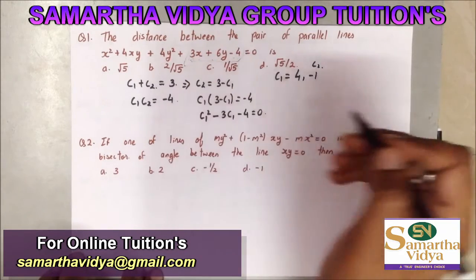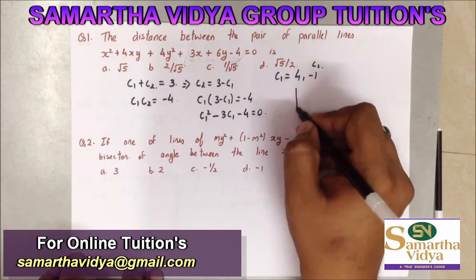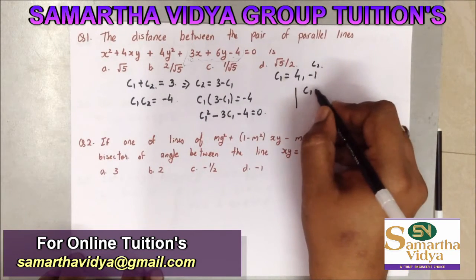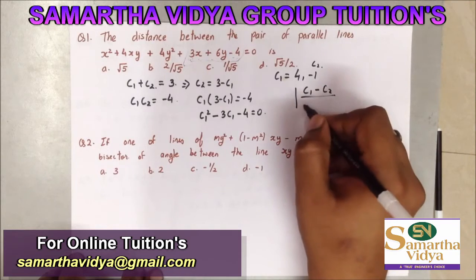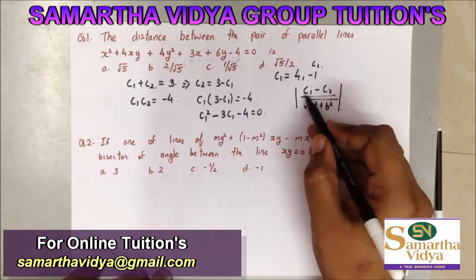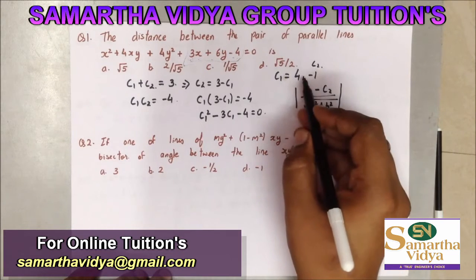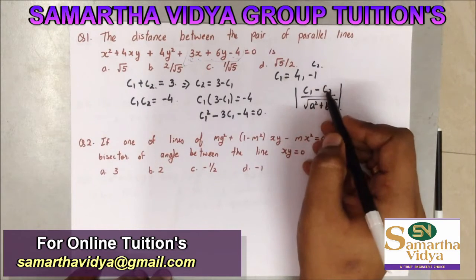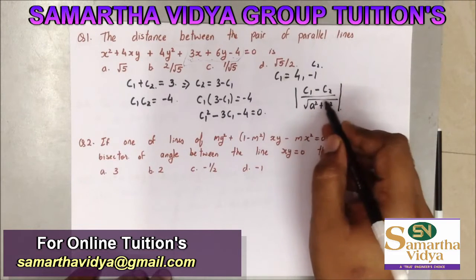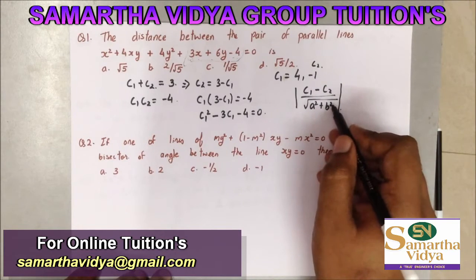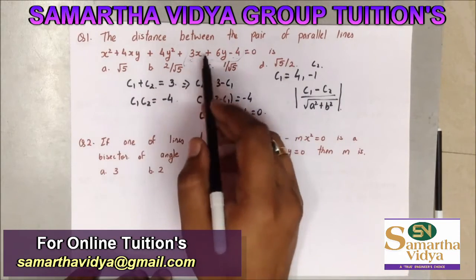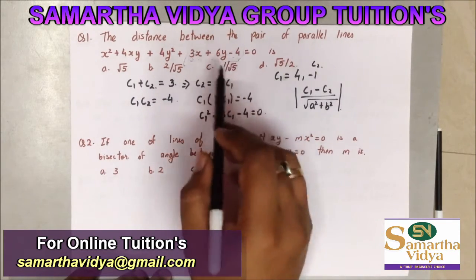If I want to find the distance between the pair of lines, I'll be using the formula for the distance between the pair of lines, which is C1 minus C2 divided by root of A square plus B square. C1 is 4 and C2 is minus 1, so if I substitute, this becomes 5, over root of A square plus B square. Now A and B we have to again get from this equation.